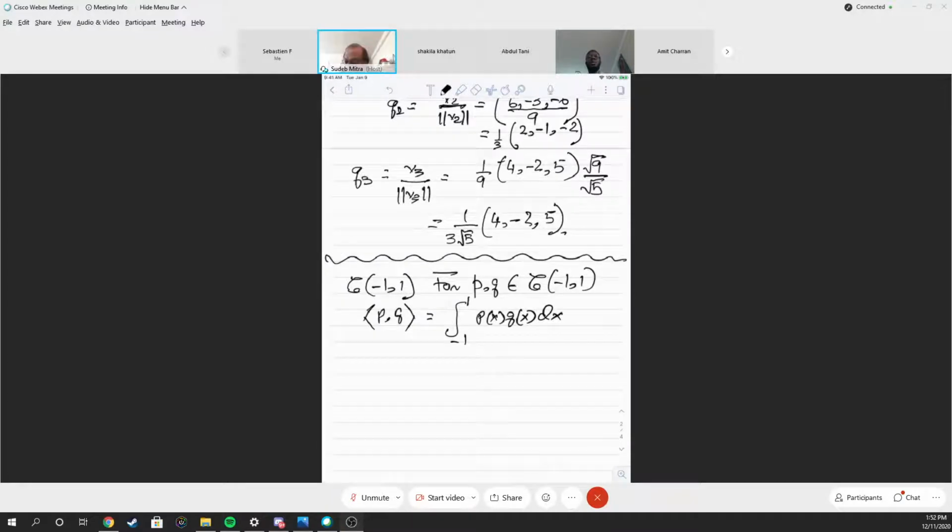So consider the basis 1, x, x squared. Use Gram-Schmidt to orthonormalize it.